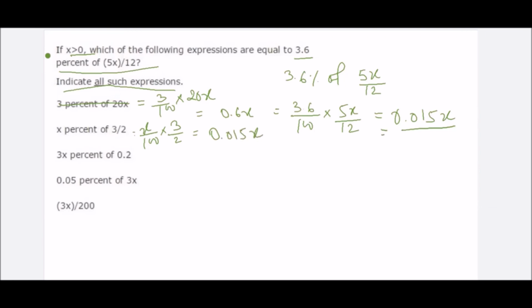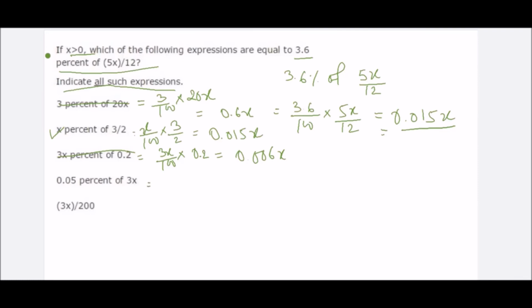Does it equal? Yes, this is our choice, correct. Now next, 3x percent, 3x by 100 into 0.2, this will become 0.006x. It is not valid.